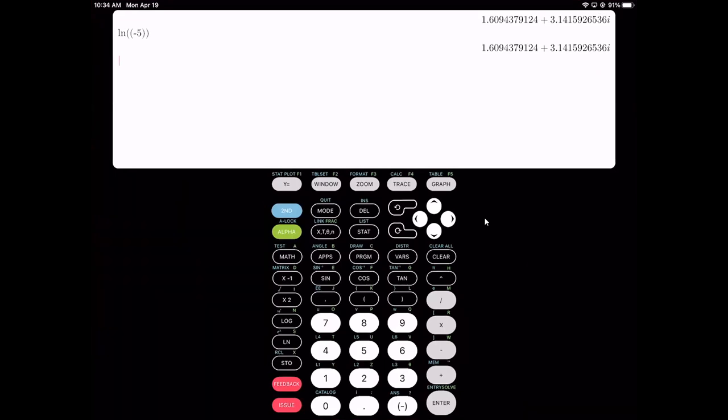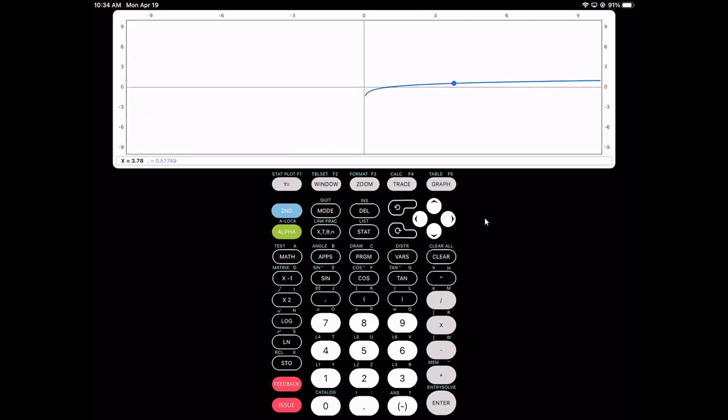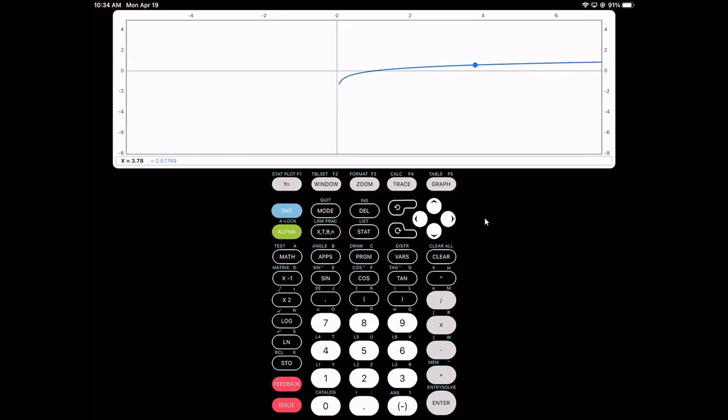If you have a real graphing calculator, it will say not a real solution. The reason why is that if you graph, for example, just log of x, your graph kind of looks like this. It's kind of deceiving, actually.